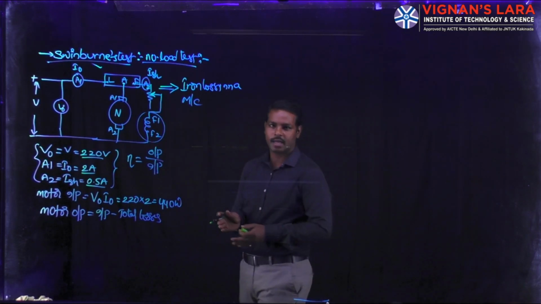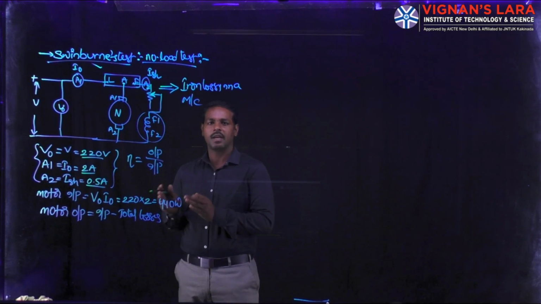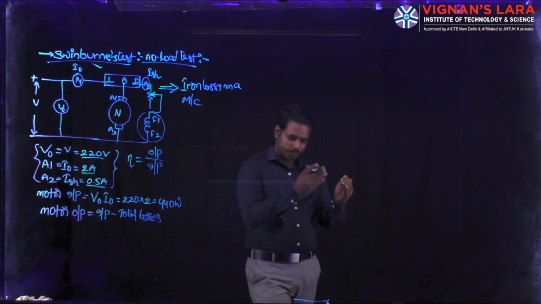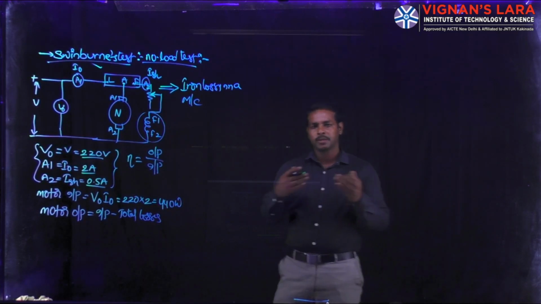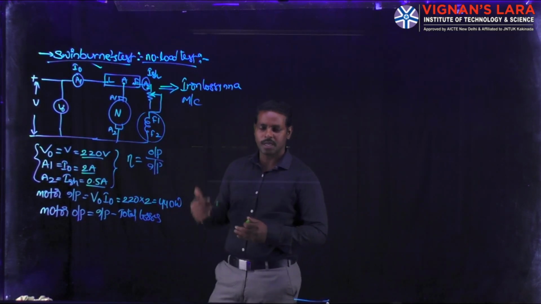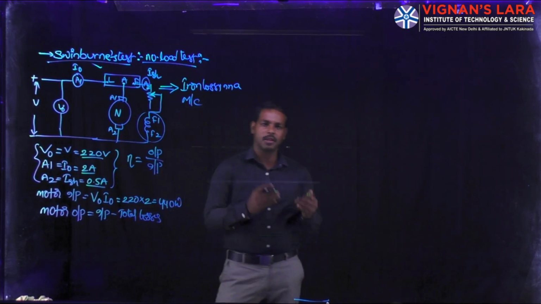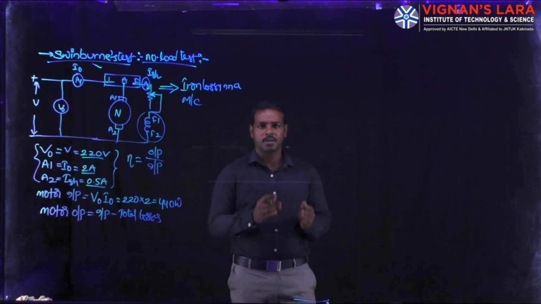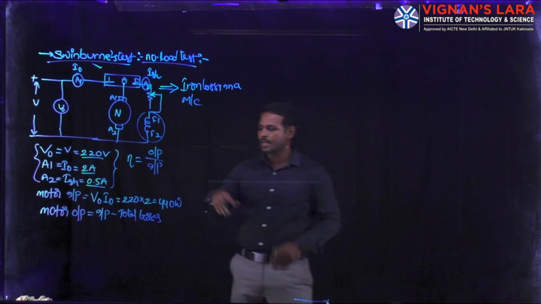Constant losses are classified into two types: mechanical loss and iron or core losses. The other one is the copper losses. Iron losses are also classified into two types, and mechanical losses include friction and windage losses. So these are the total types of losses.